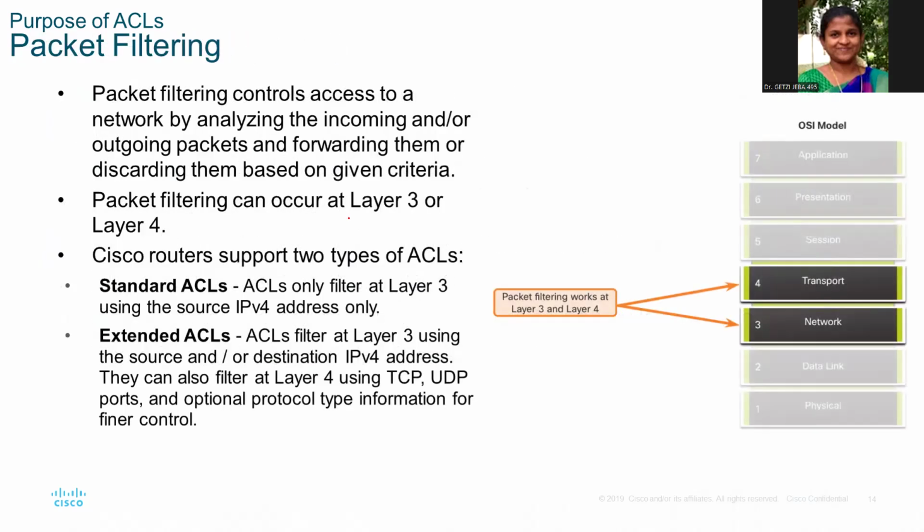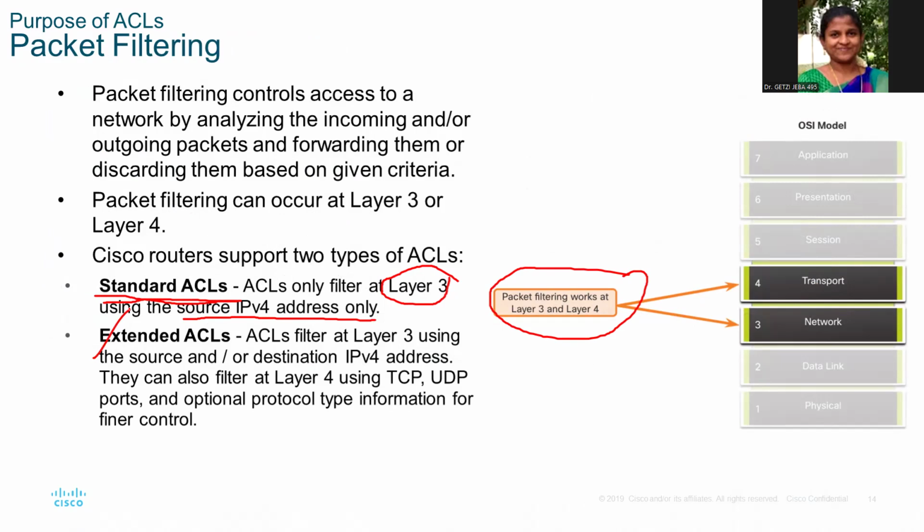Packet filtering usually happens in layer 3 and 4, that is, the network layer and the transport layer. There are two types of access control list. One is the standard access control list, which is based on the layer 3 source IP version 4 address only. The second one is the extended ACL.